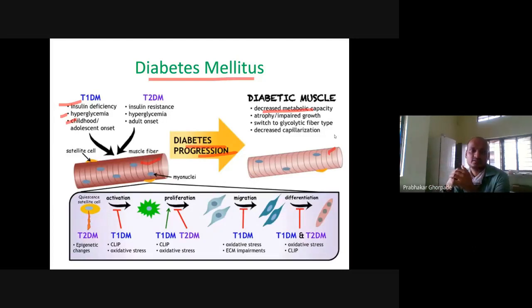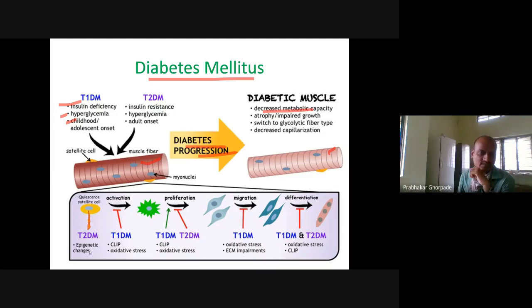That's why people with diabetes mellitus sometimes feel fatigue quite often. They feel, okay, I'm not well, I'm not that enthusiastic or energetic. That is the side effect: you have diabetes and these things are happening in the background, so that is why you are feeling that. These are the diabetes mellitus correlations.